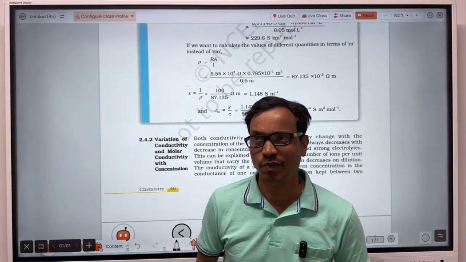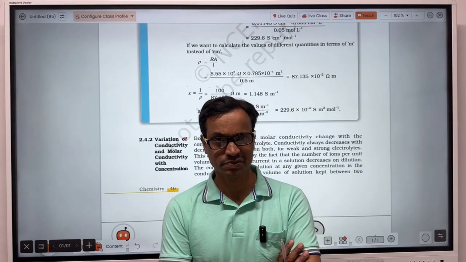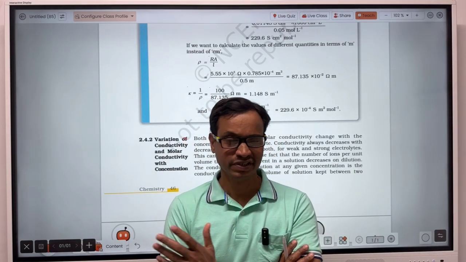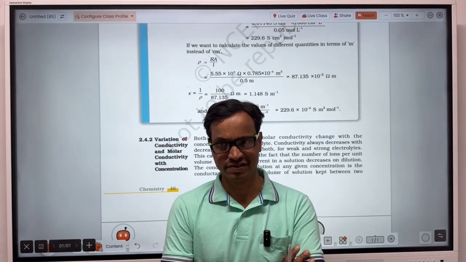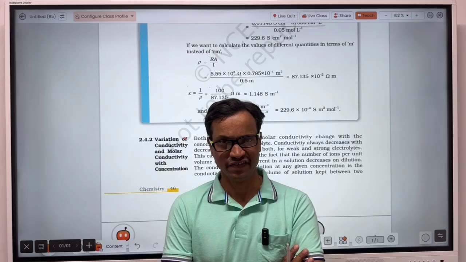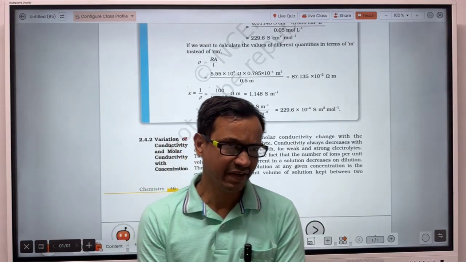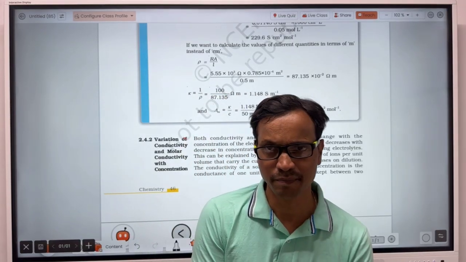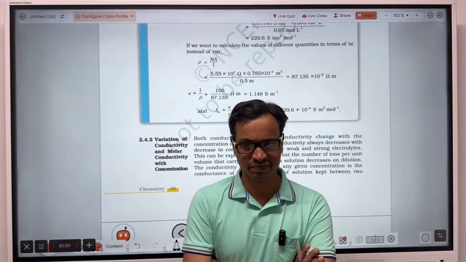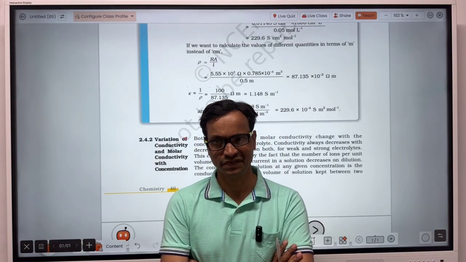Okay, first of all, what will be the effect of diluting the solution on the conductivity? That means when we dilute the solution, what will be the effect on the conductivity? So let's see, when we dilute the solution, the number of ions per unit volume will decrease.